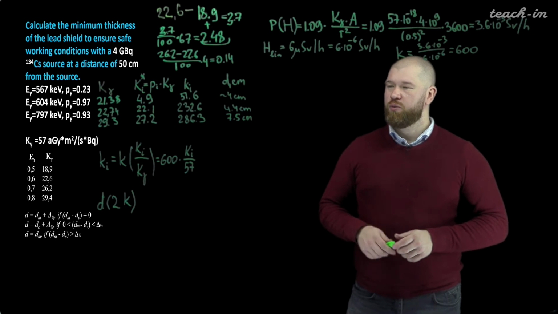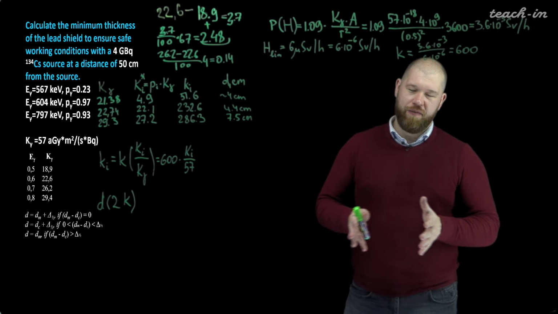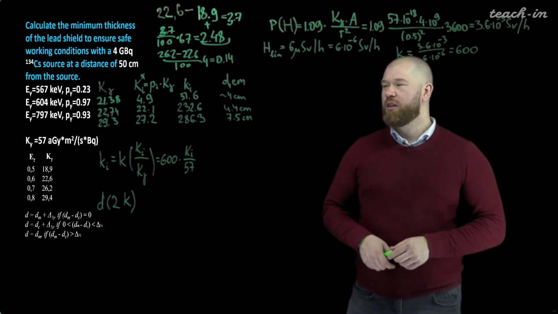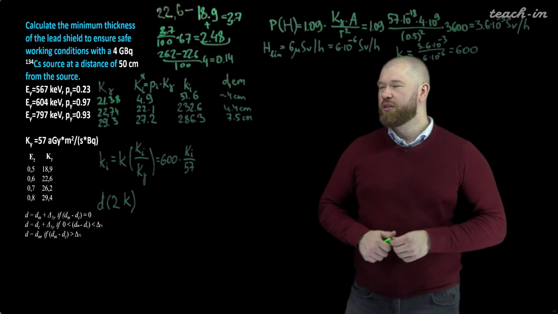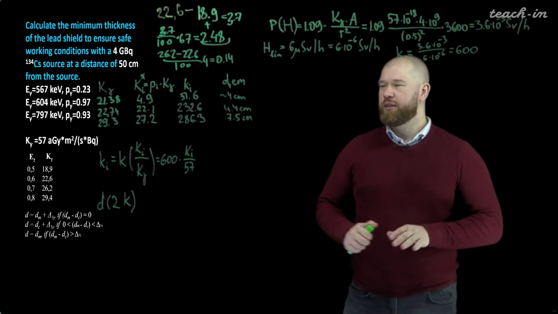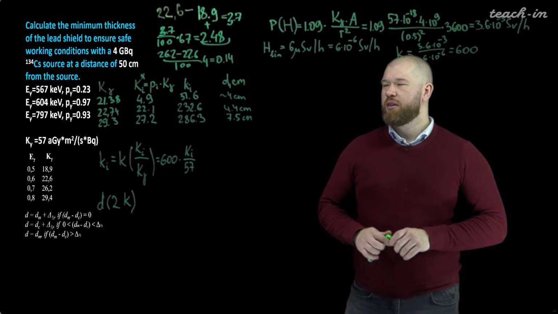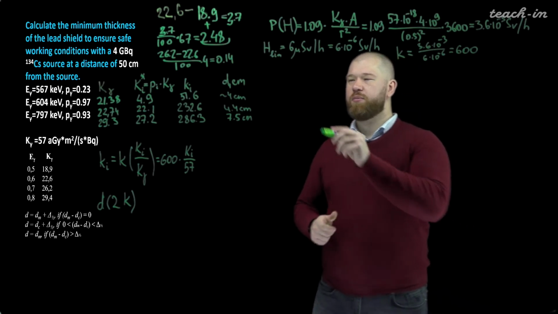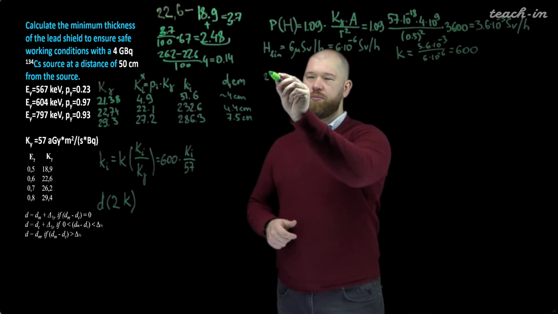Thus, we have to find the optimum between a very thick lead shielding and an economically reliable thickness, while ensuring safe operation. In this case, the next step, we double our K values.